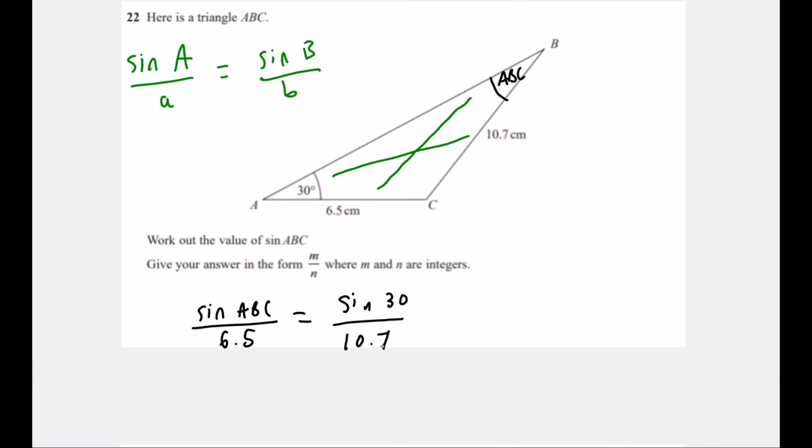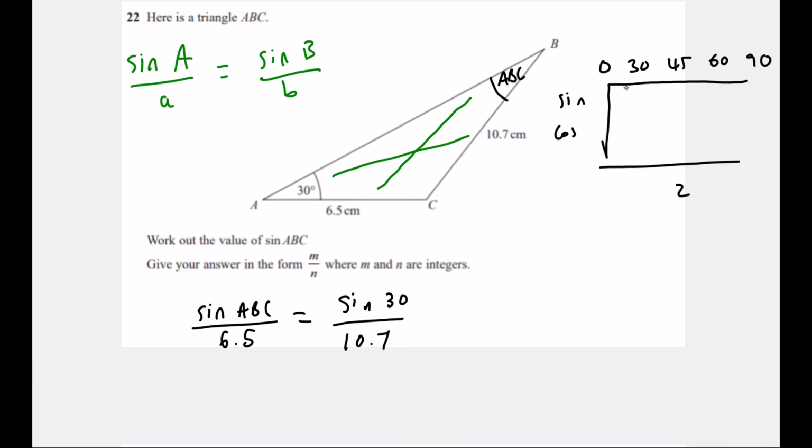Sine 30. So we've got a non-calculator paper. We need to know what sine 30 is. There's different ways of remembering it. We can either draw a triangle or do this. So I'll write sine, cos, over 2, 0, 30, 45, 60, 90. And it's 0, 1, 2, 3, 4, 4, 3, 2, 1, 0.